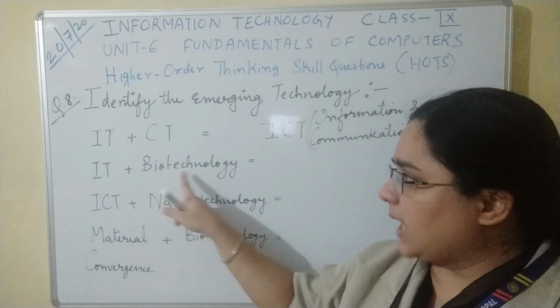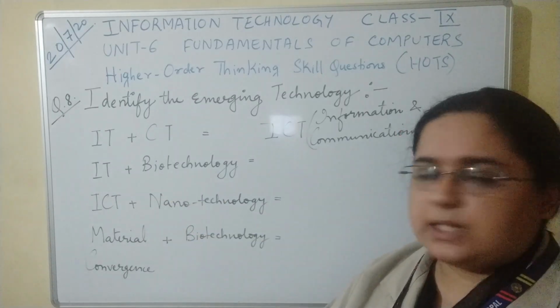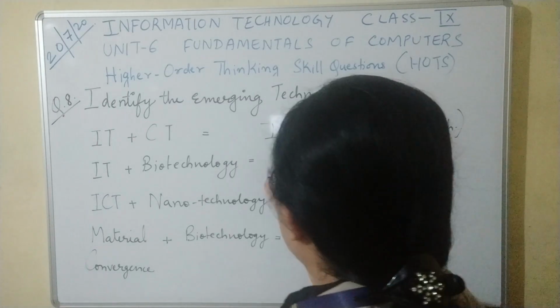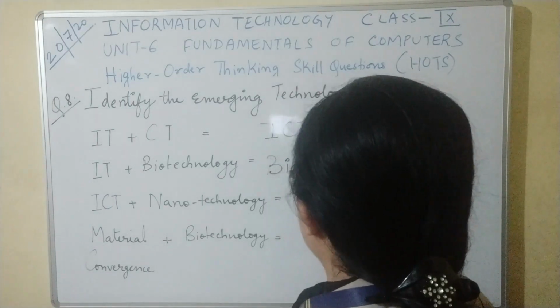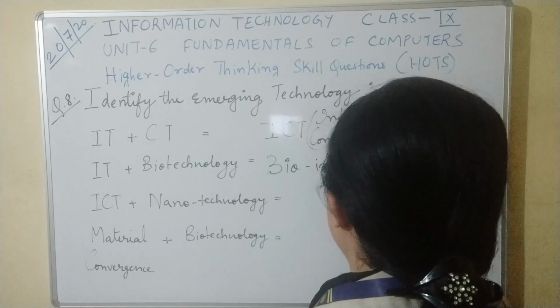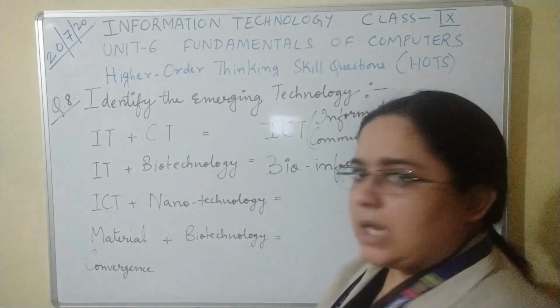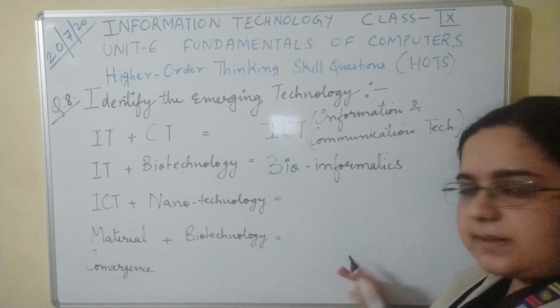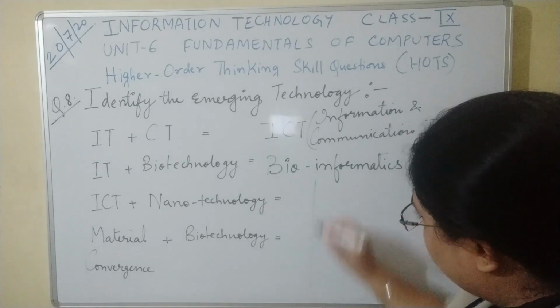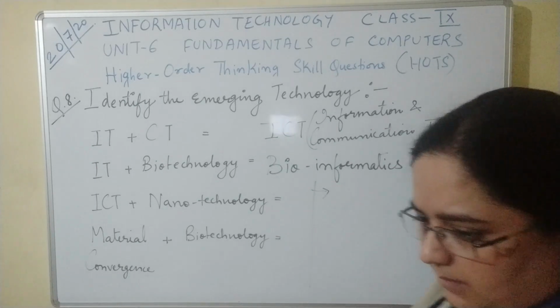Coming to the next, IT plus biotechnology, it will form a new area named as bioinformatics. Now what is bioinformatics? It is a combination of the following areas. You can see here, I am going to write it.